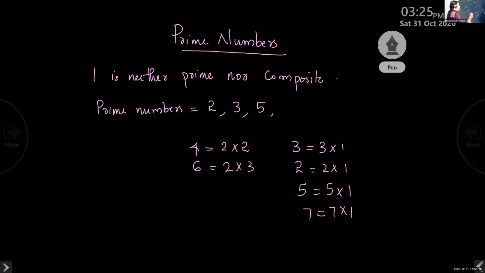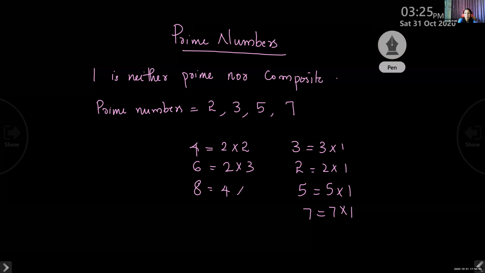Okay, children. Now 2, 3, 5, 7 are prime numbers. What about 8? 4 into 2, and 1 into 8. Lot of factors: 4, 2, 1, 8.